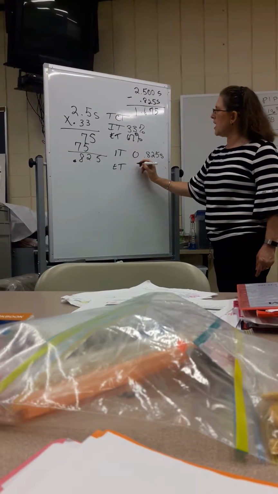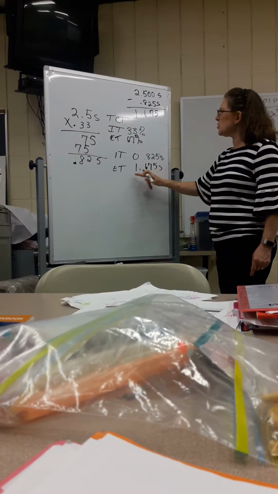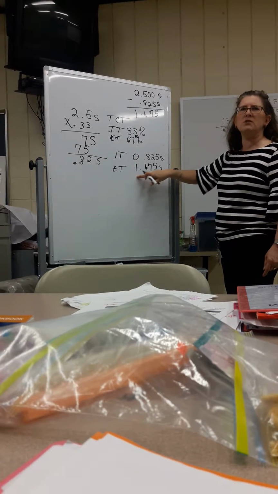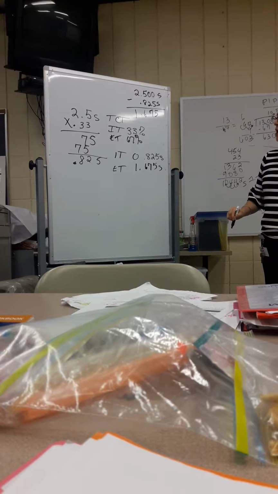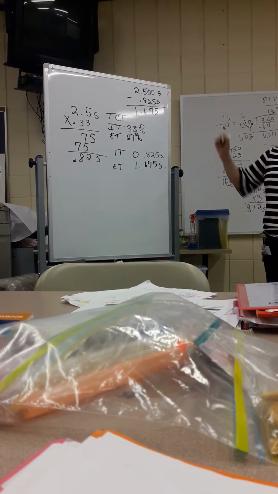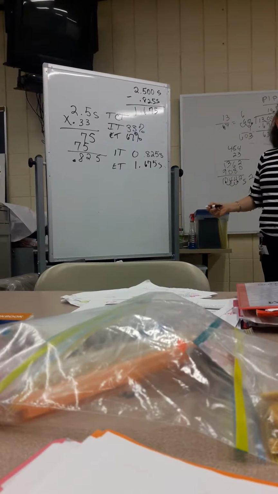My expiratory time is 1.675 seconds. Usually we only go over 2 places. And those 2, when you add them up, should equal 2.5 seconds. So there's 2 ways you can calculate that.